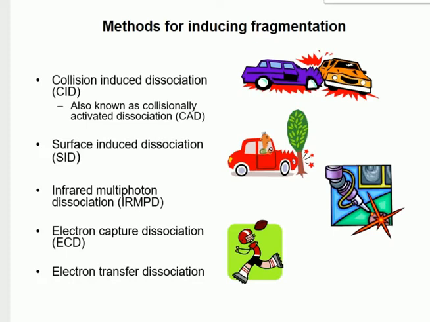And then lastly, we've got these two, electron capture dissociation and electron transfer dissociation, which are the newest developed fragmentation techniques. They involve transfer or capture of an electron by the peptide. First of all, you need to have multiply charged ions, because if you had a singly charged peptide that captured an electron, then you would have a neutral, and that's no good. You can't see that in the mass spectrometer.